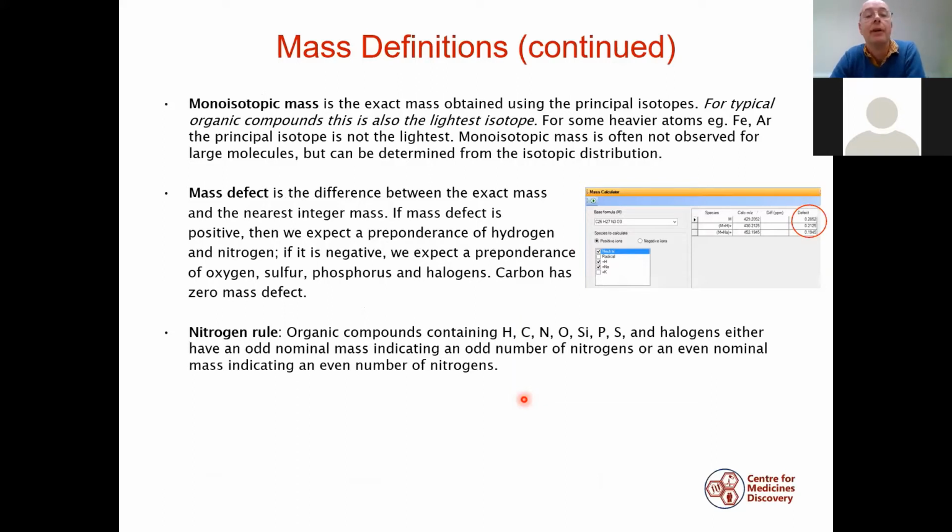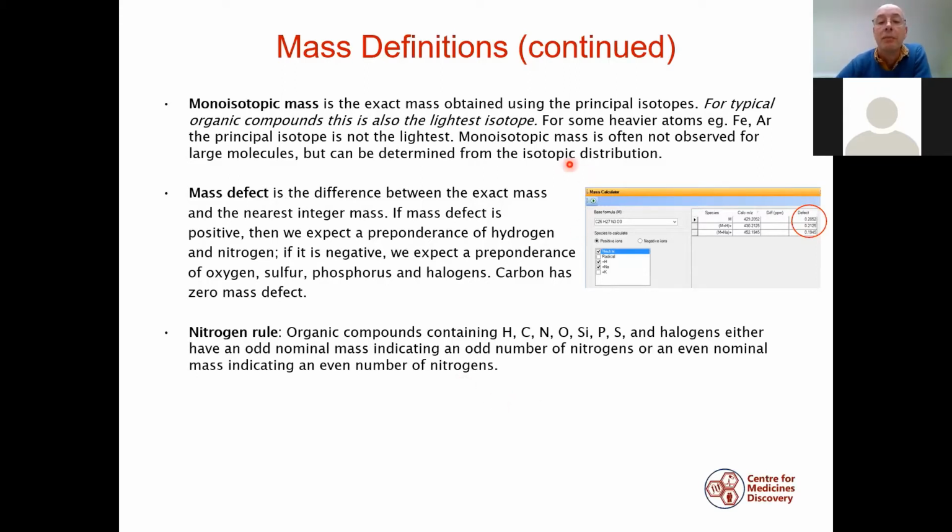Monoisotopic mass is the exact mass from the principal isotope. So for a typical carbon compound, it would be the lightest isotope, the first isotope in your isotope series. But that's not necessarily the case. For some atoms, for example iron or argon, the principal isotope is not necessarily the lightest.